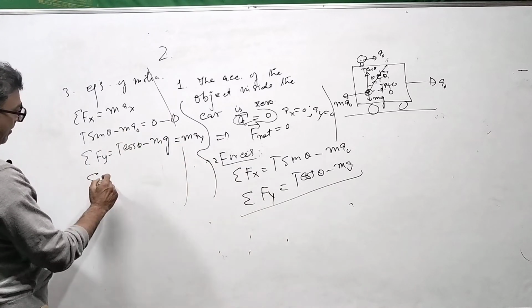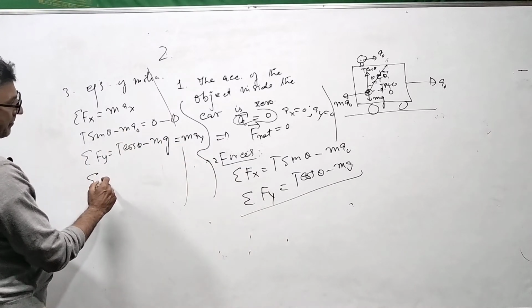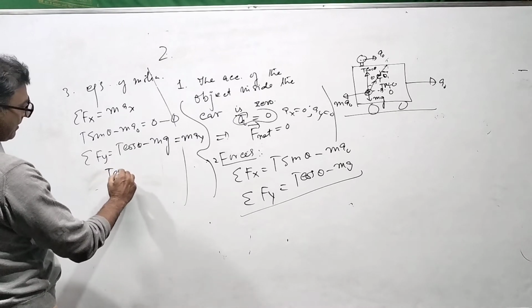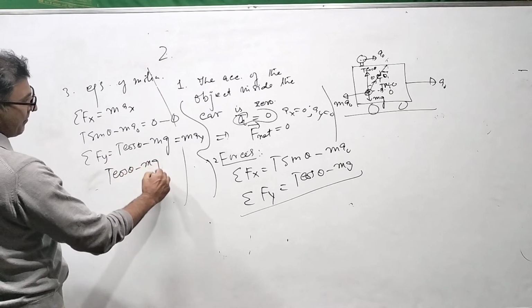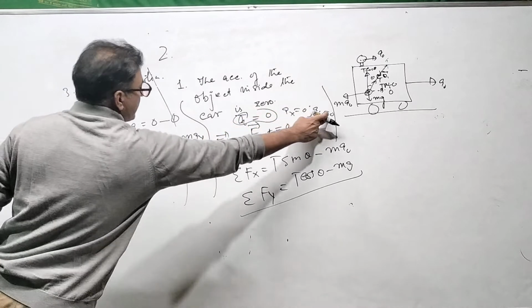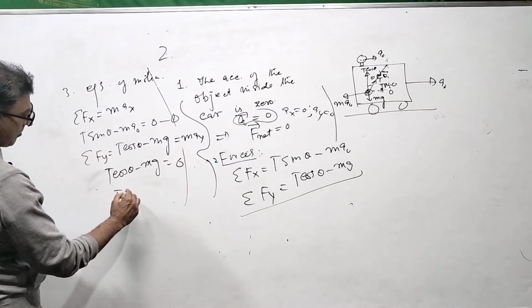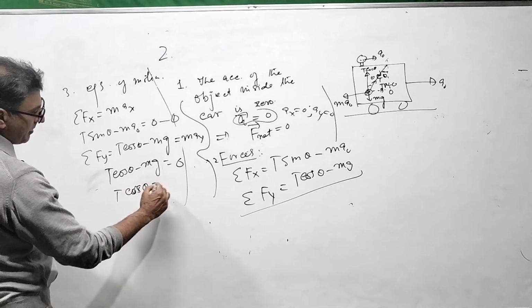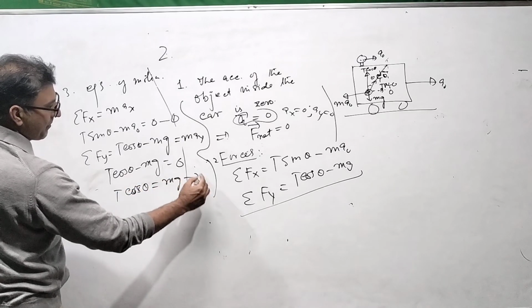Now summation of Fy, this T cos theta minus mg is equal to again 0, since ay is equal to 0. Now T cos theta is equal to mg, equation number second.